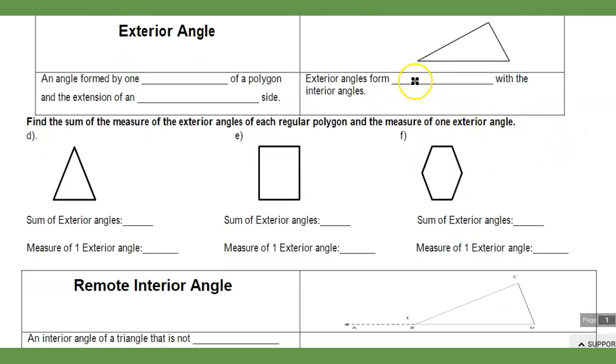Okay, so we spent a lot of time thinking about all the angles on the inside here, the interior angles, but we haven't looked at what happens on the outside. So an angle formed by one side of a polygon and the extension of the adjacent side.